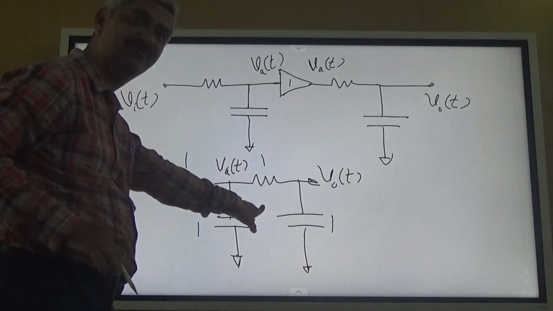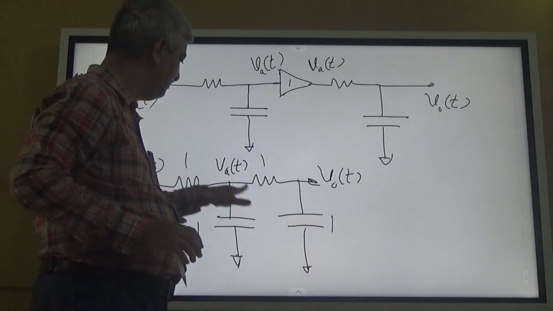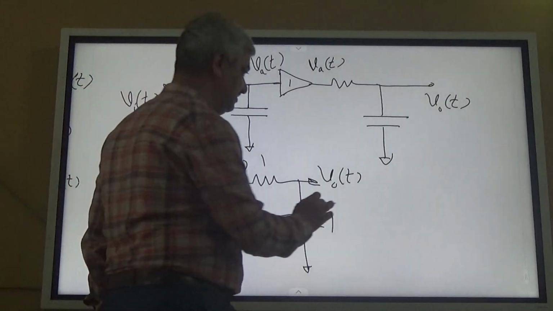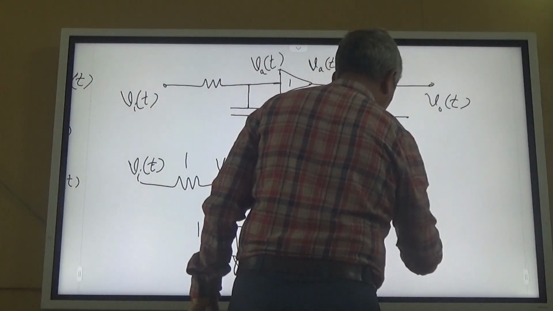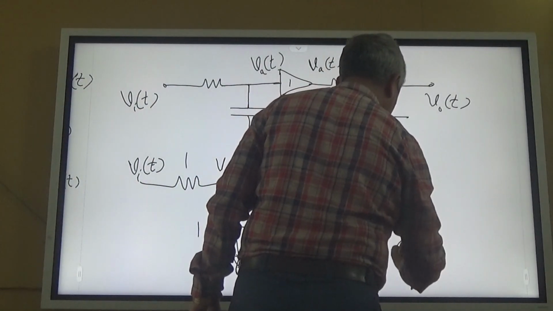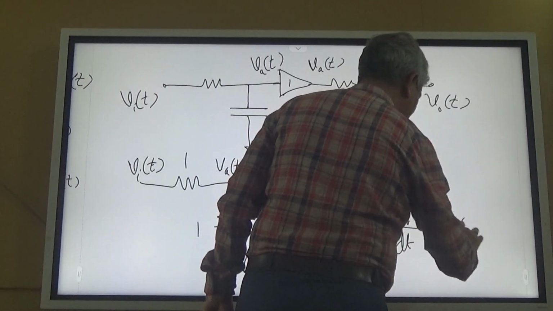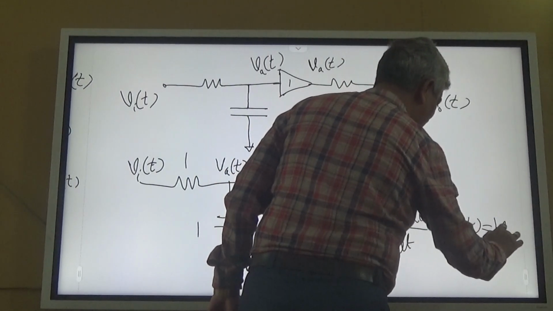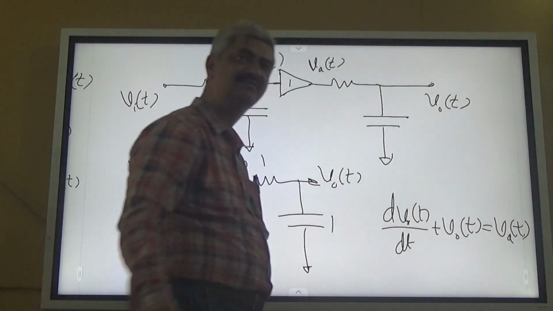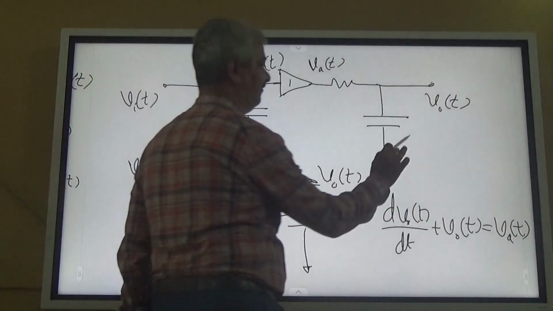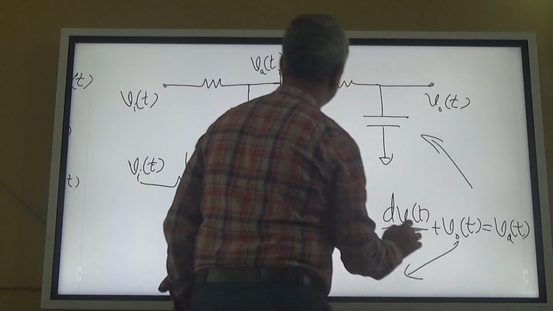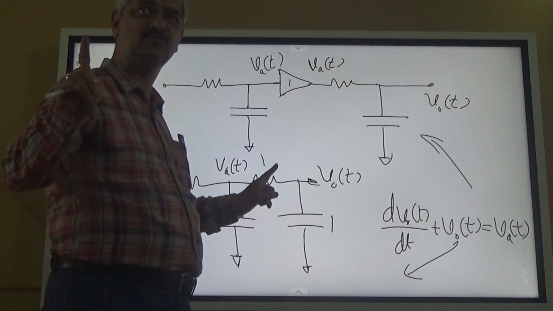In this circuit now, VAT, VOT. So is this correct? dVOT/dt plus VOT is equal to VAT. This is for this circuit as well as for this circuit. Is it correct for both circuits?